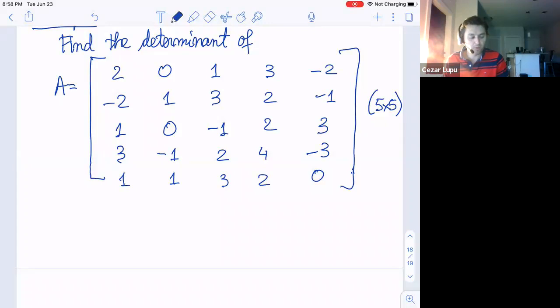You can do it if you want to, but trust me, you will be suffering. So you don't want to do that. So maybe you can do something else. Maybe try to cook as many zeros as possible. In fact, I want you to look at it for a minute and tell me what you think.